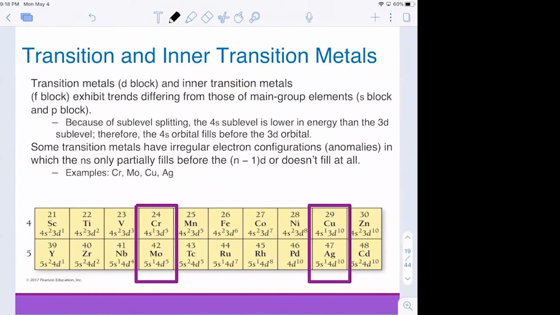Again, here's just the slide on understanding the transition metals. They're in row 4 to start off with, scandium all the way to zinc. But again, the d orbitals are always going to be one less than the actual row number.